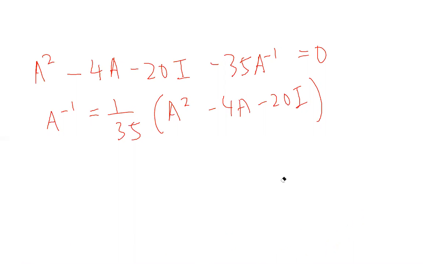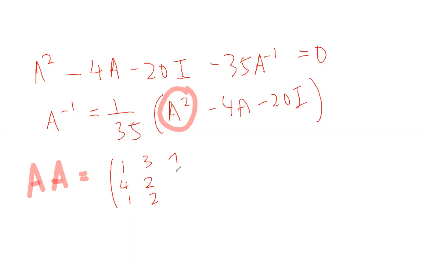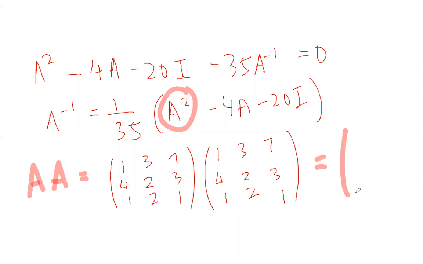So first, because I have to find this one first, I'm going to do it separately, A squared. So A squared means A times A itself. So I have my A given, times A. Okay, for multiplication, the first element here is the first row times the first column.